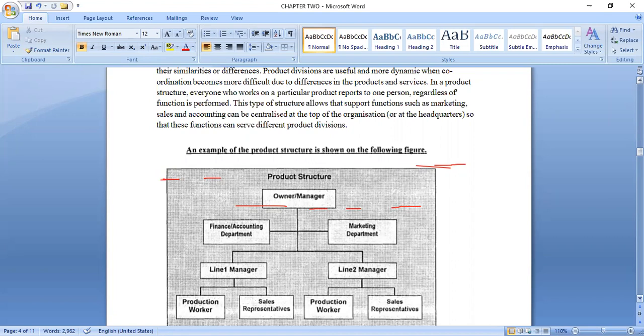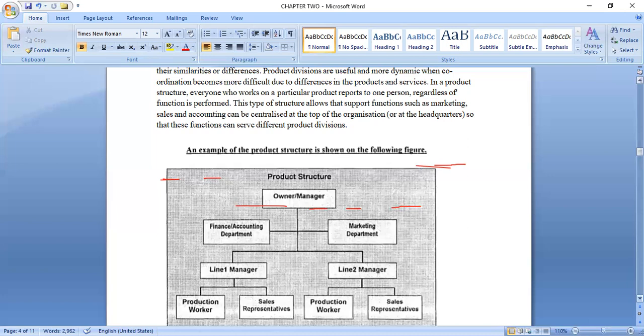For example, it could be a cosmetics company that is producing a number of products. Maybe it's manufacturing petroleum jelly. It's manufacturing lotions. It's manufacturing the, what is it called?